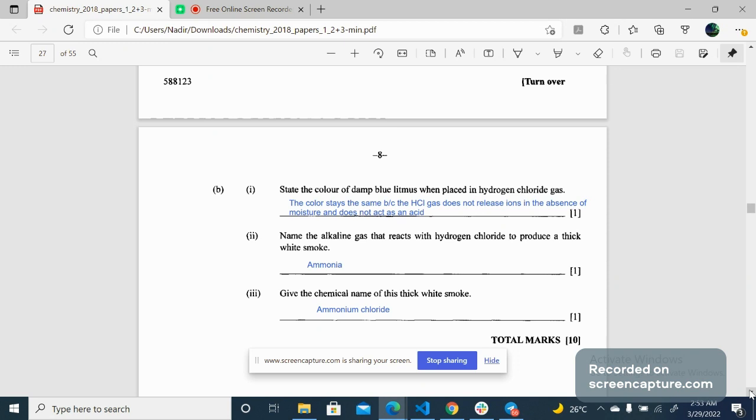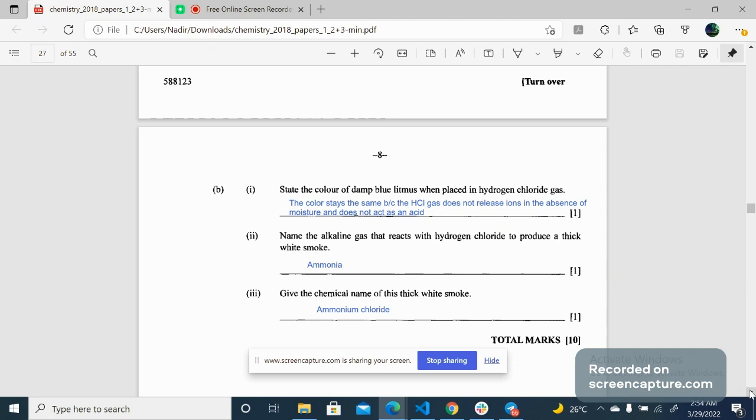HCl can be in liquid form as well, but here hydrogen chloride is referred to as a compound in gaseous form. So what should be the color of the damp blue litmus when it is placed in this particular gas?